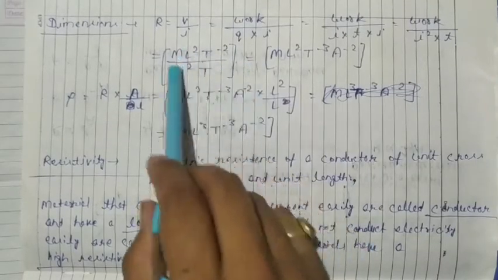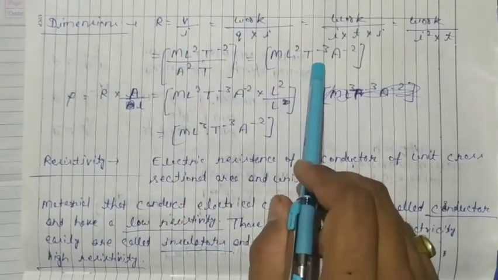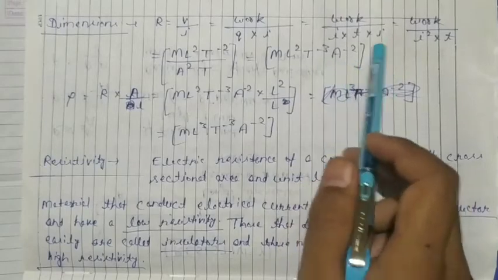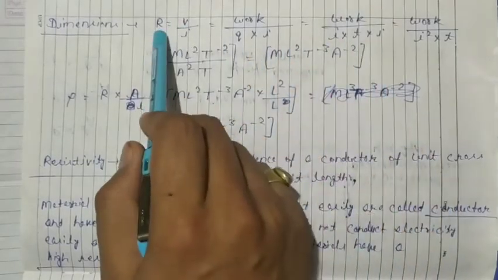Solve this: M L2 T minus 3 A minus 2, this is the dimension of R, resistance.